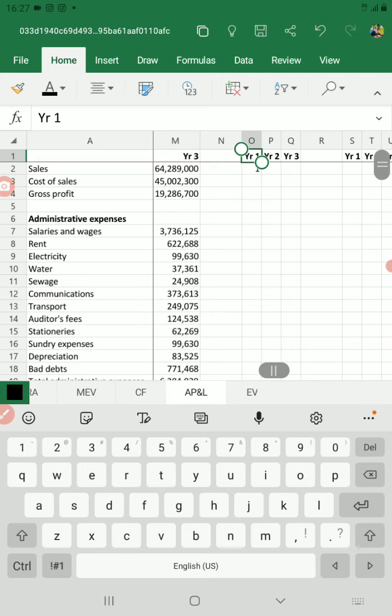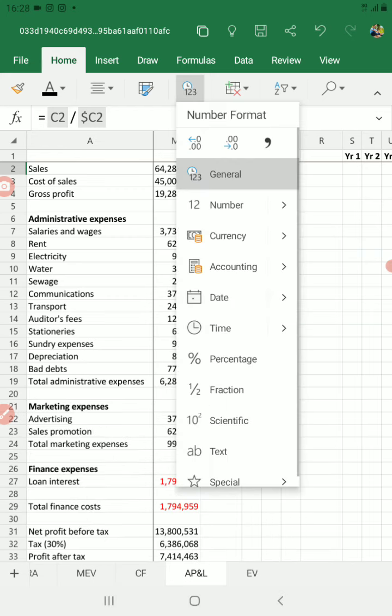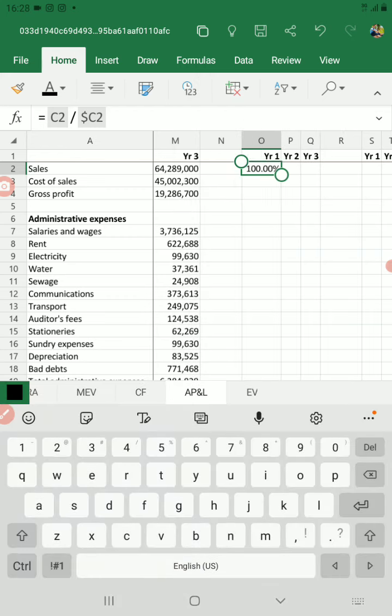So this now is going to be in percentage terms. Let me format this to be percentage. So go to here and put percent, and then I can drag to fill this to the rest of the years up to here.